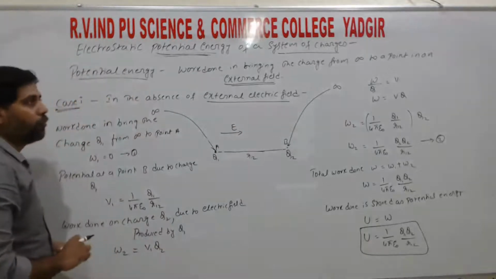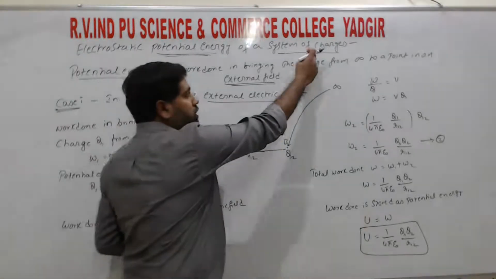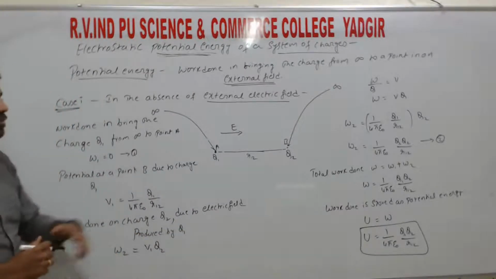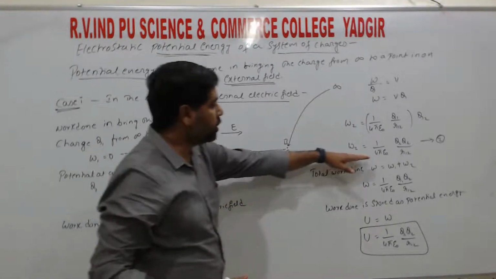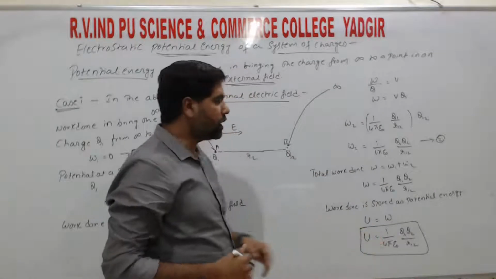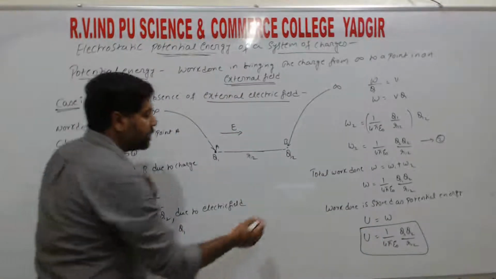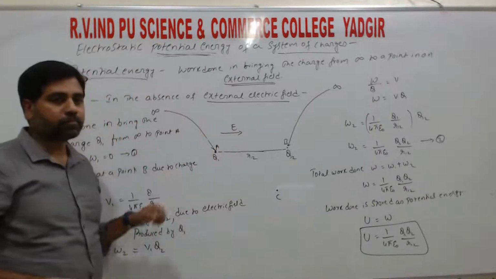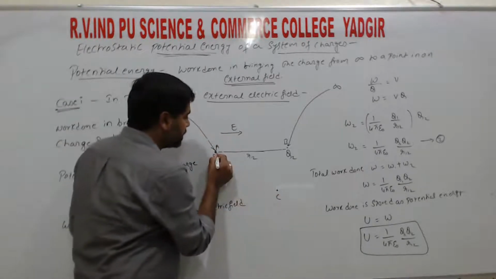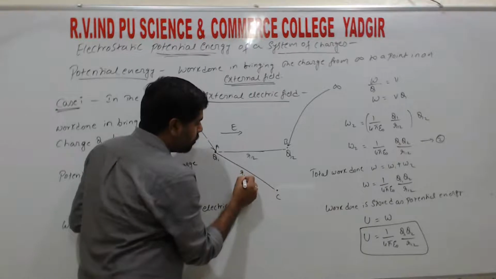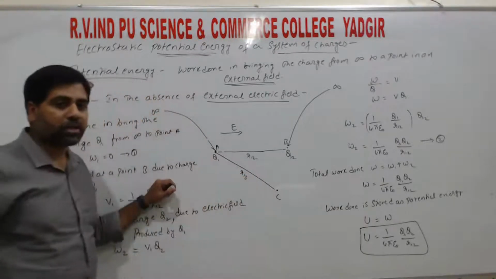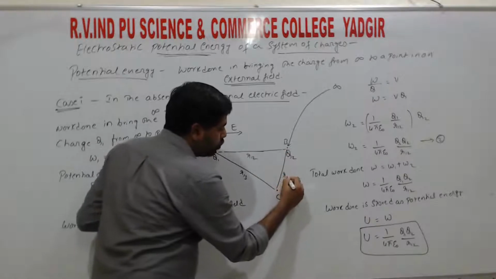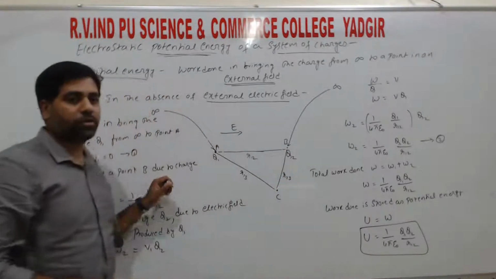So for a system of multiple charges, that means more than two charges, again the same steps we need to continue from here, right? Now consider one more point C, right? So this C is at a distance R13 from charge Q1 and R23 from charge Q2, right?